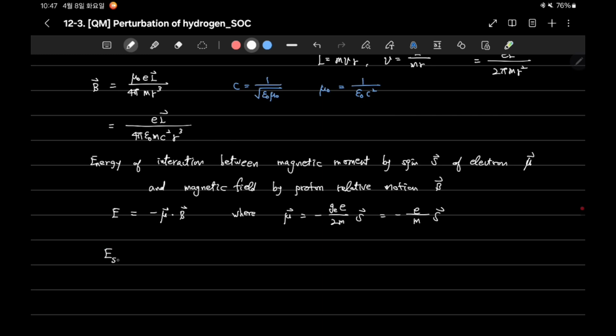Since the minus signs cancel, it is e squared over 4 pi epsilon 0 m squared c squared r cubed, times L dot S. Actually, a factor of 1/2 should be multiplied, coming from the Thomas precession.